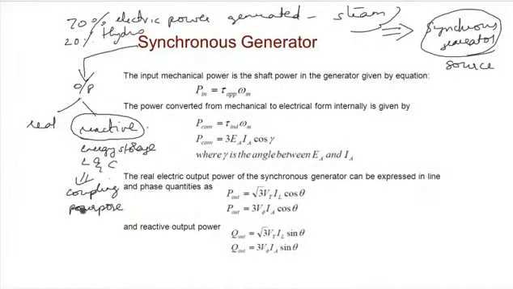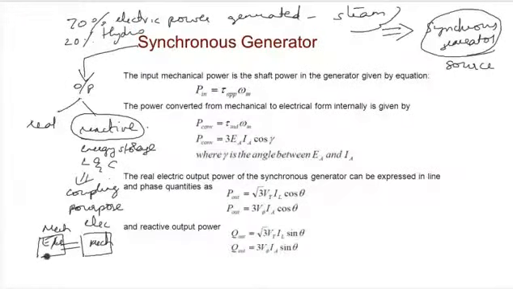I have already told you at the start of electrical machines, you need a medium to convert electrical to mechanical, or mechanical to electrical. So your mechanical input in your generator is converted to electrical.